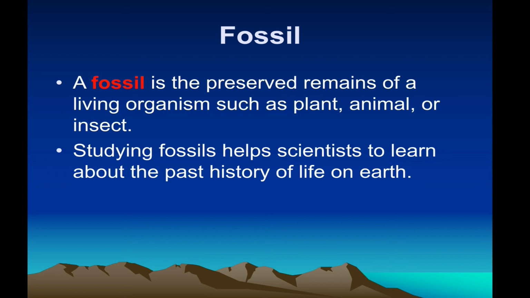Then plants. Then animals and dinosaurs and big birds. We get all of this information from the remaining parts of the body of these living things, which we call fossils.